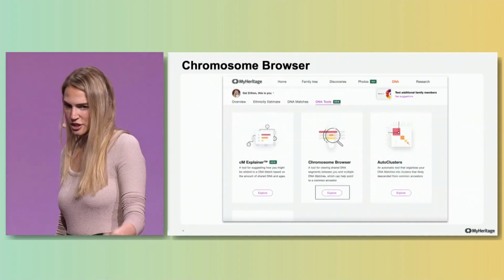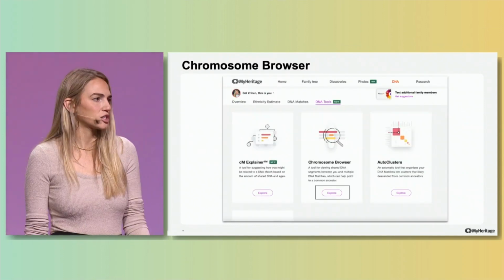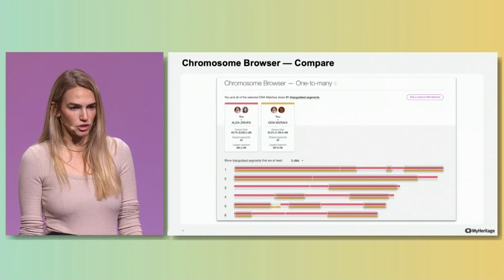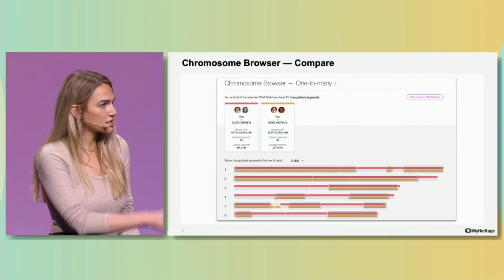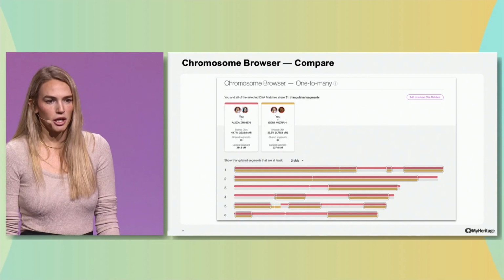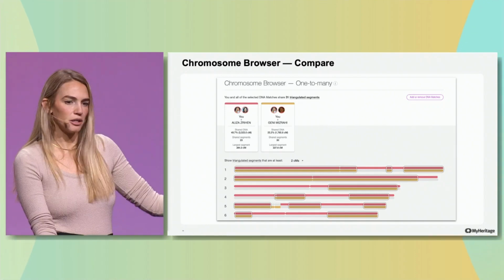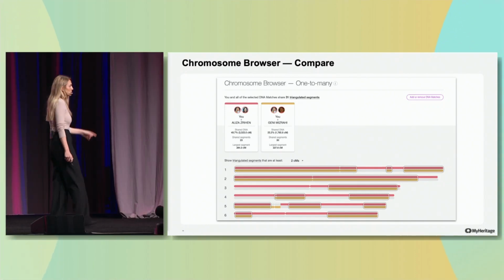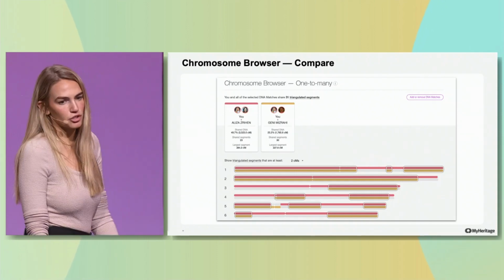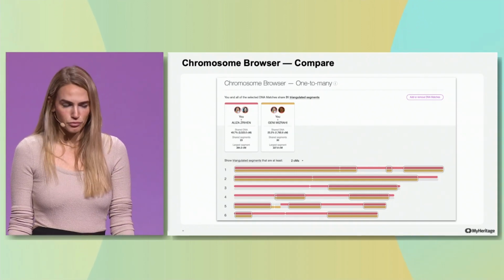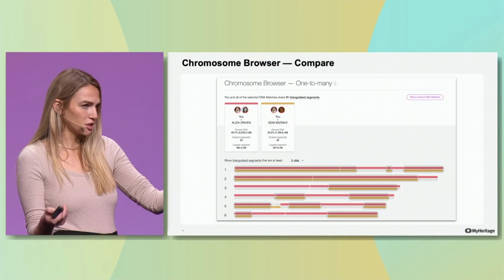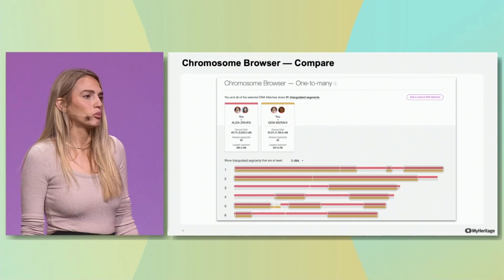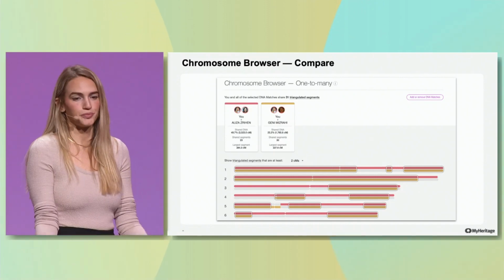When you go to the DNA tools, you will be able to click on Explore under Chromosome Browser and get to it. For example, this is my comparison with my mom and my grandma. And you can see the triangulated segments that we have with each other on each chromosome. And I invite you to view also other webinars on MyHeritage, where we explain more about these tools.